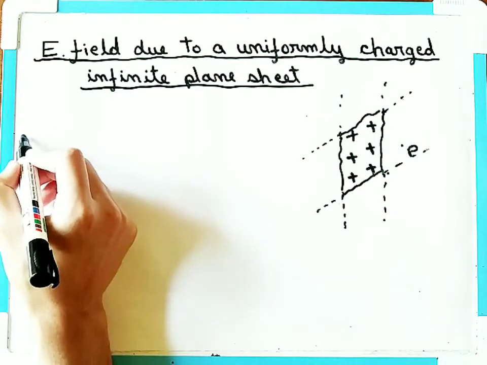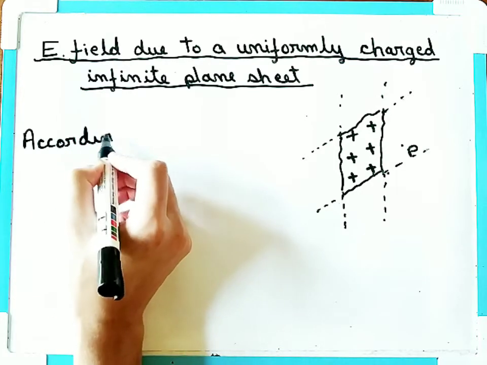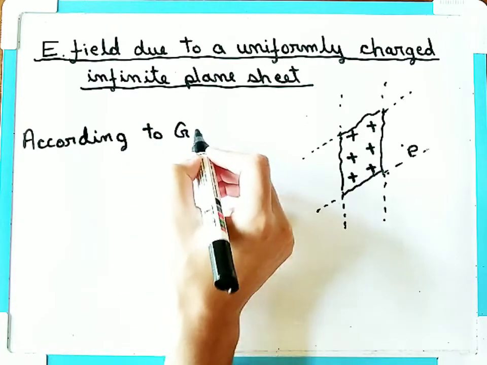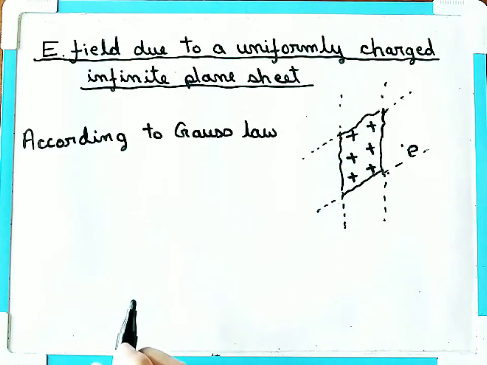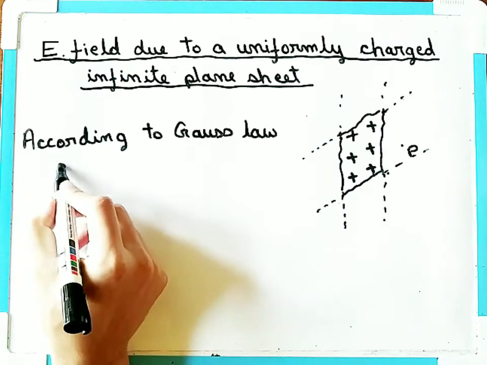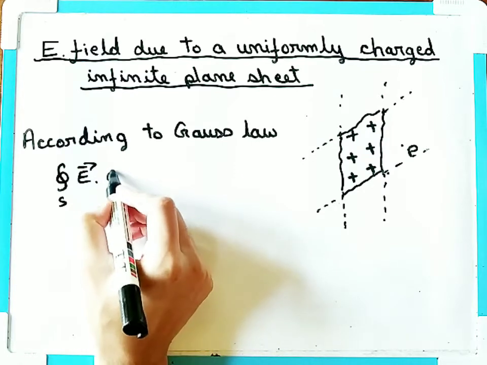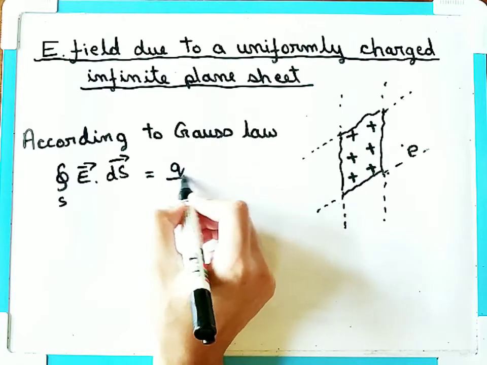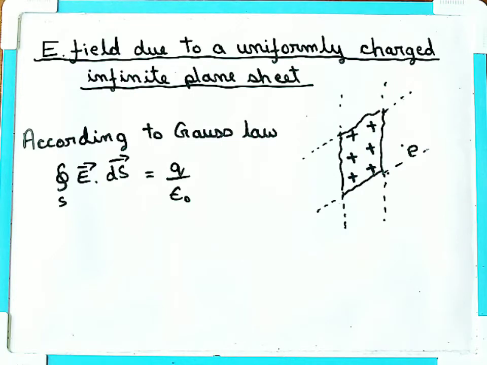And according to Gauss law, the electric flux through any closed surface, which is given as closed surface integral E dot ds, is equal to Q by epsilon naught. And Q is the charge enclosed by the closed surface.